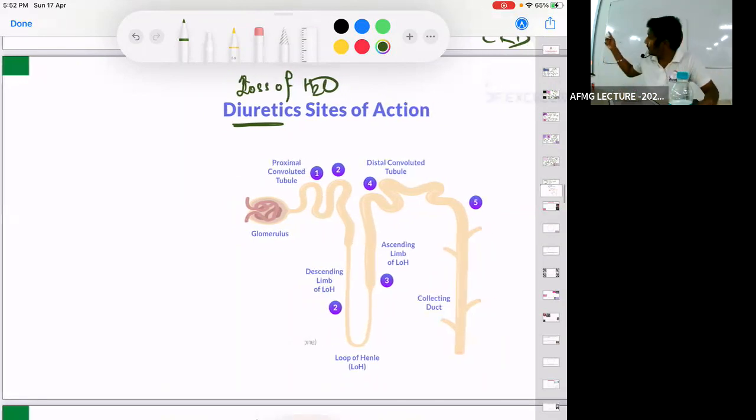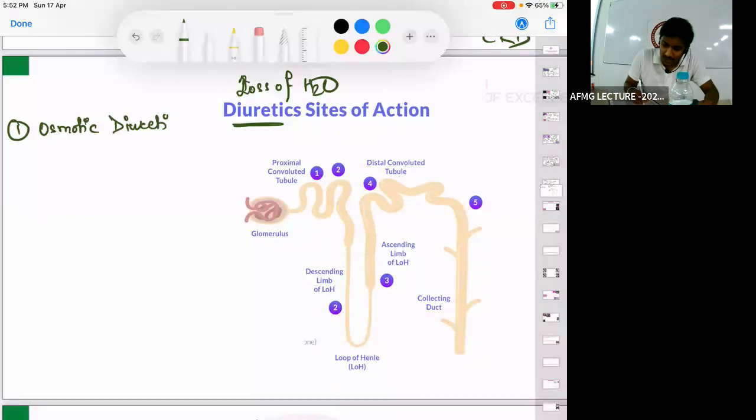So the first diuretics act on the proximal convoluted tubule. These are called osmotic diuretics. And which is the osmotic diuretic? Mannitol.